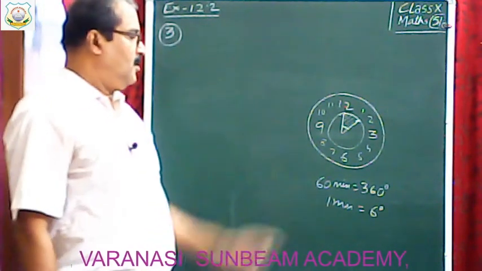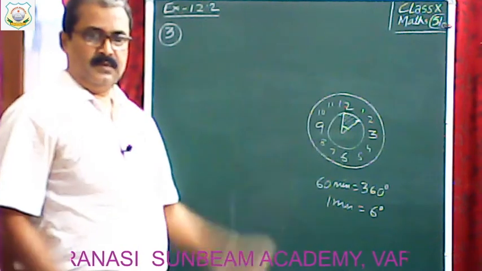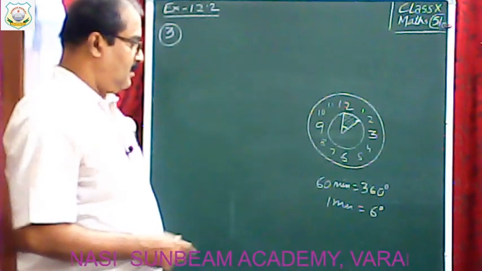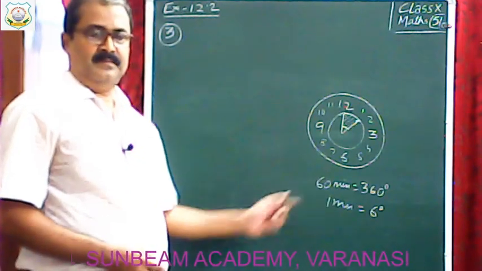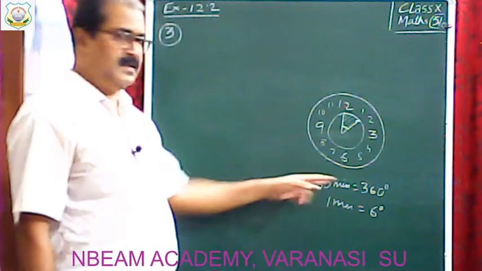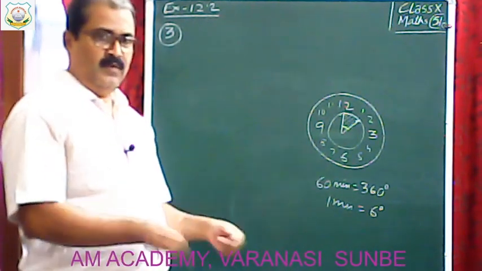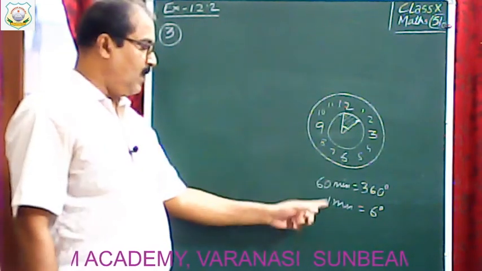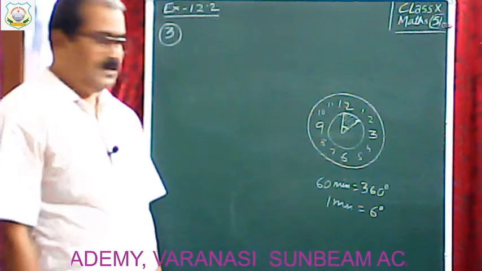Clear? So in one revolution made by the minute hand, the angle described is 360 degree and the time taken is 60 minutes only. In 1 minute, the angle described by the minute hand is 6 degree.